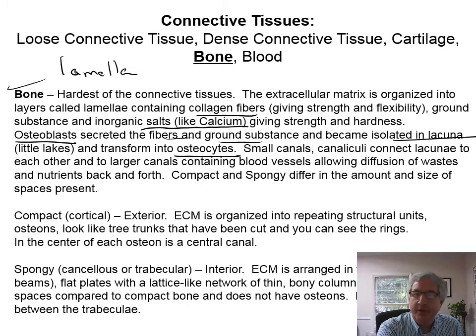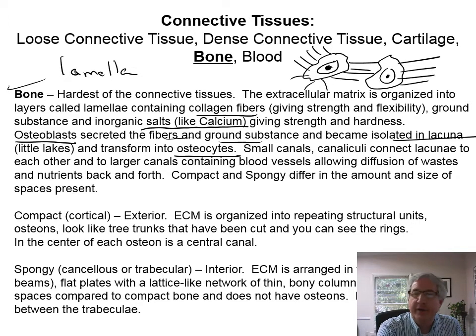But basically, you have a cell there. It's in a lacuna, and these lacuna have what are called canaliculi coming off. This connects to another lacuna over here, which has a cell in it, and that can connect over here to an area that has some blood vessels in it.